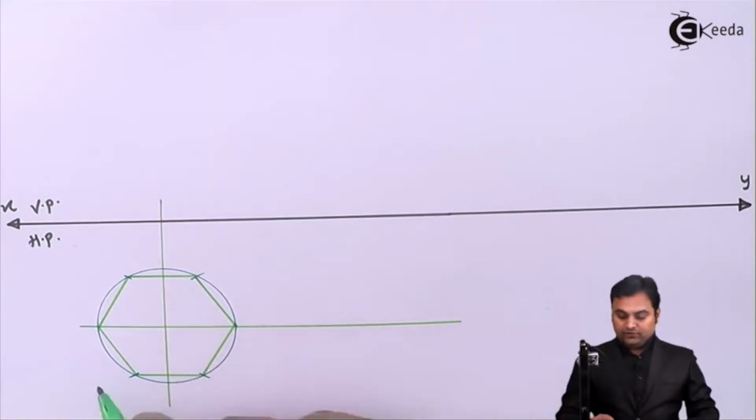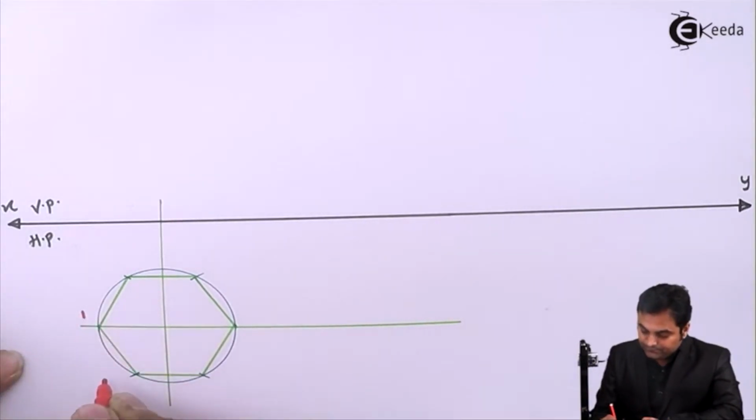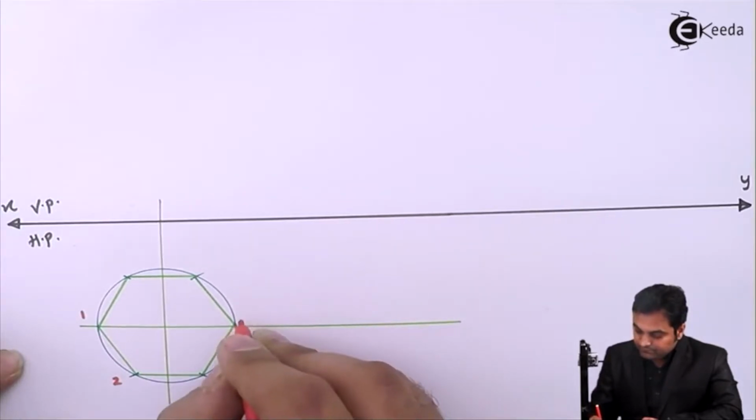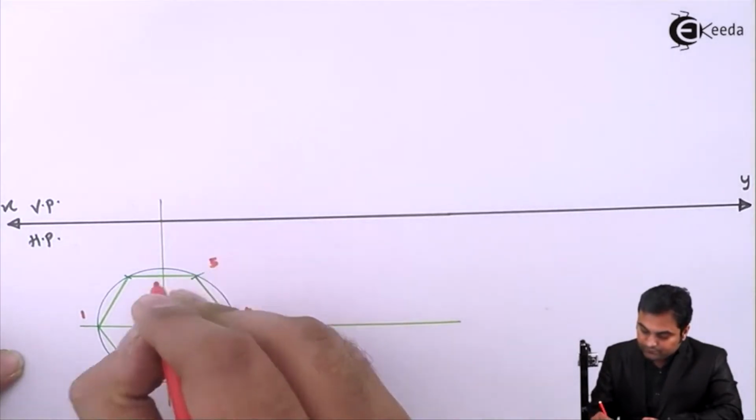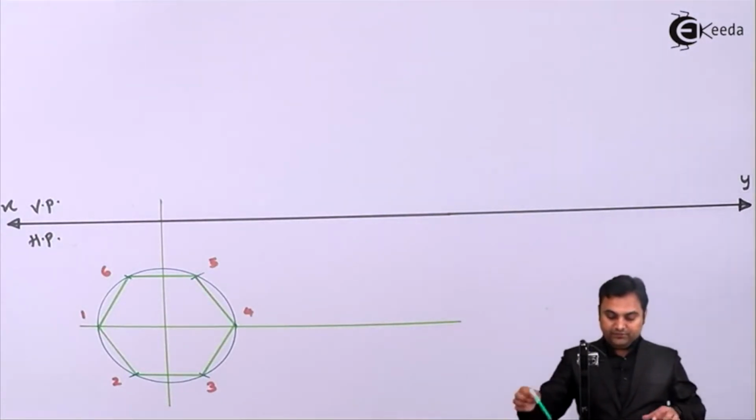Next, after drawing this, I'll give the notations here. Then the same points will be projected in the front view.